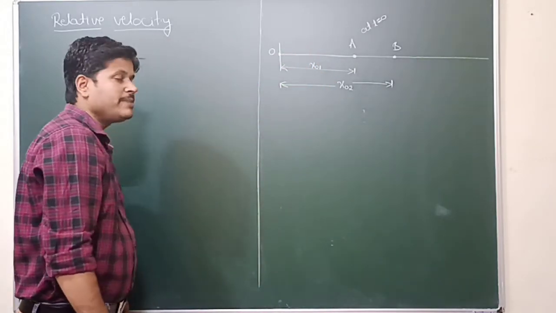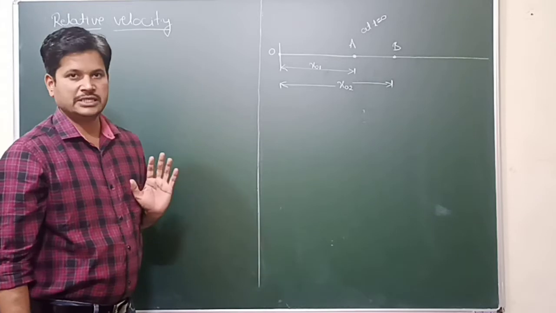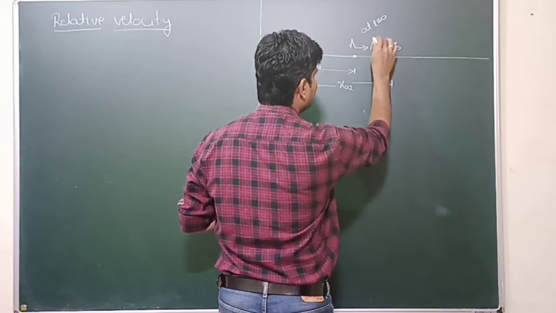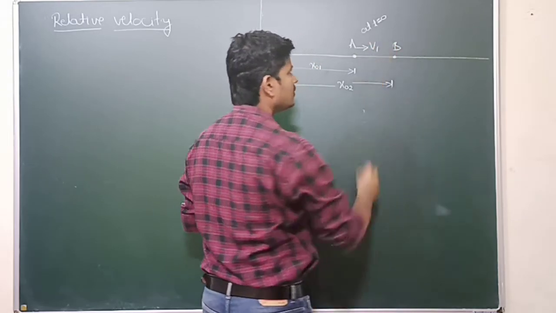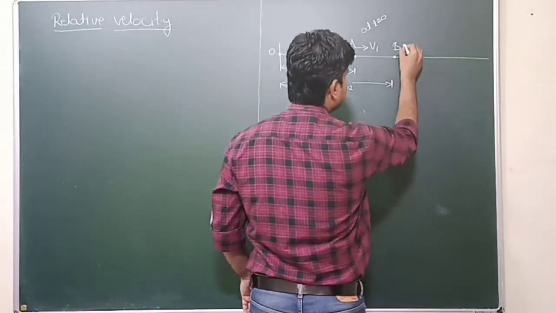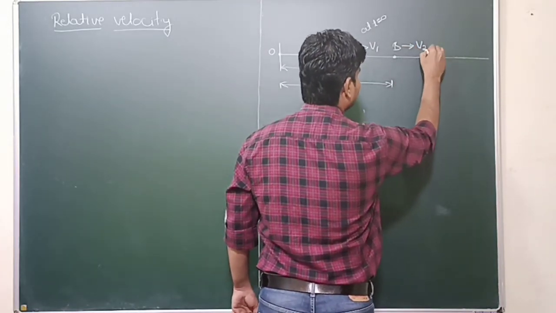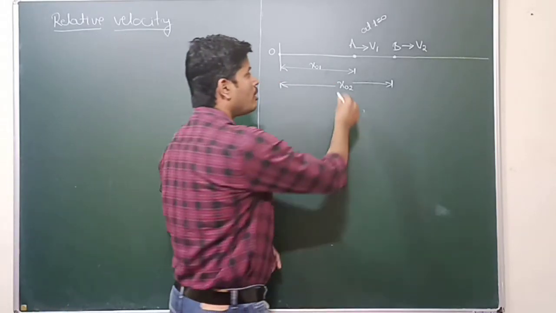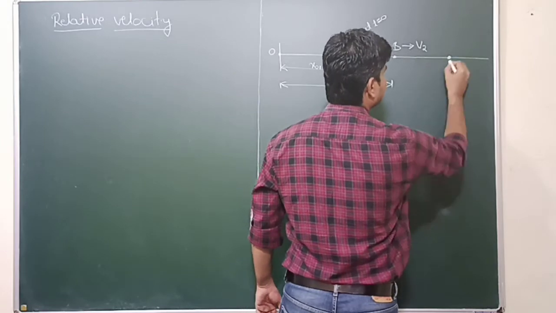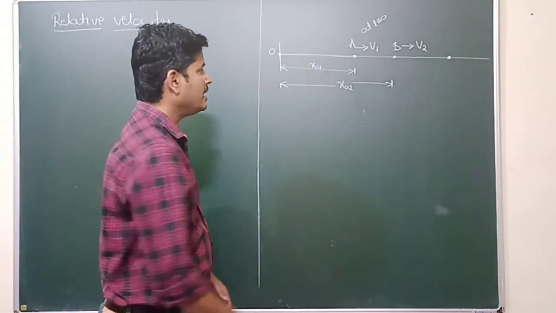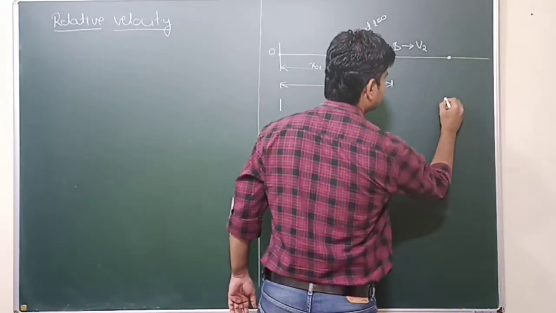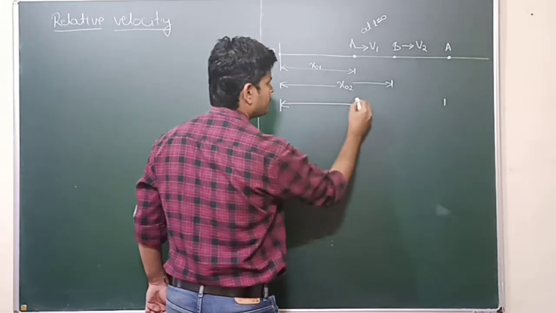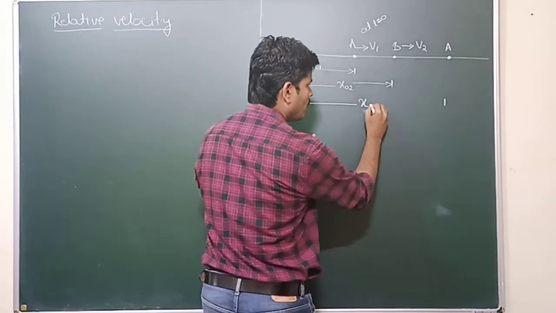Now A and B are moving with certain velocities. The object A is moving with a velocity v1, correct? And object B is moving with a velocity v2, correct? After a certain interval of time, the object A reaches this position, and the position of the particle A is x1.